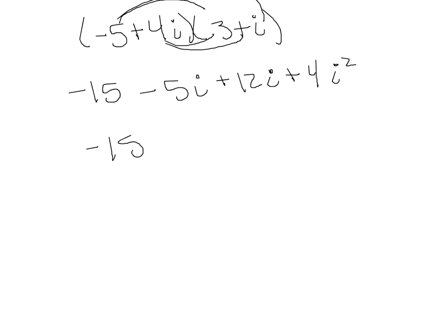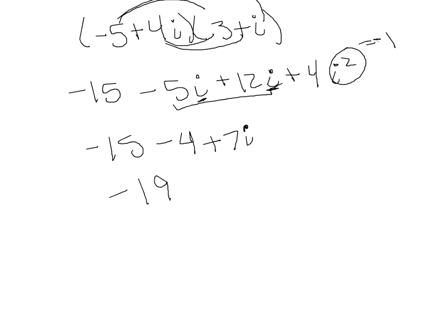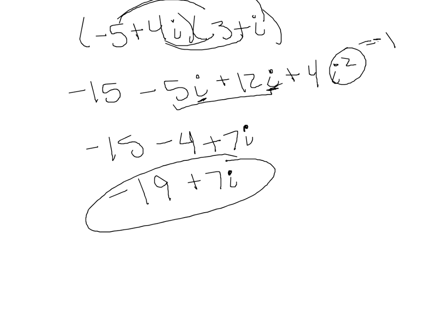Okay, so minus 15. This is equal to minus 1. So minus 15 minus 4. And then minus 5 plus 12 is 7i. So see, both of these have i terms in them, so we combine the coefficients. So minus 19 plus 7i is the result there.